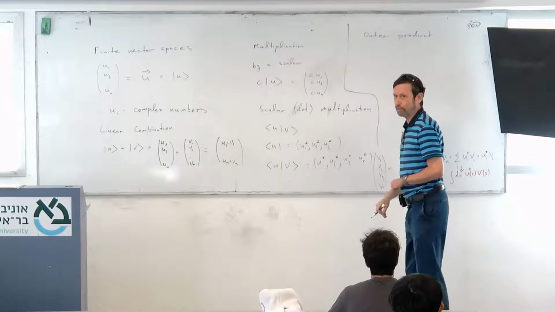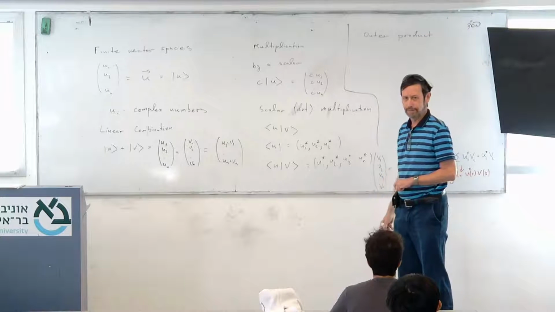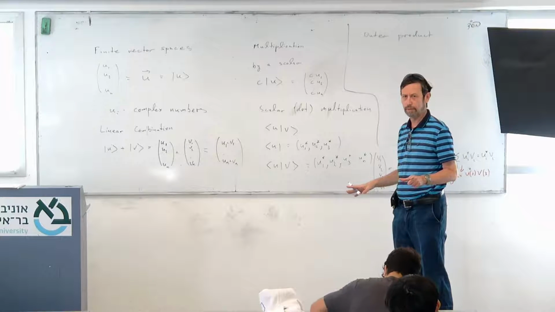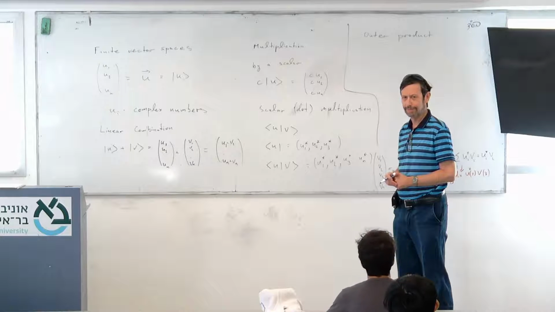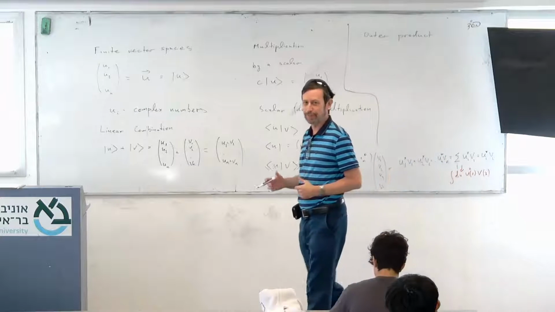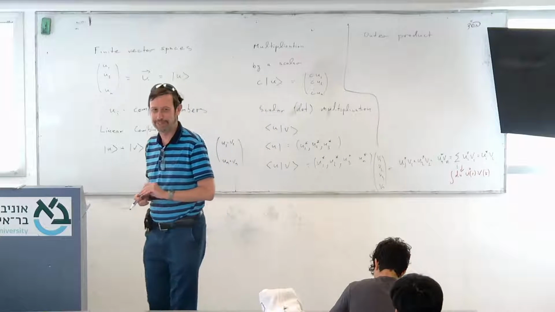Outer product of two vectors. Any one of you have run into it? Okay, so this refresher is useful for something.